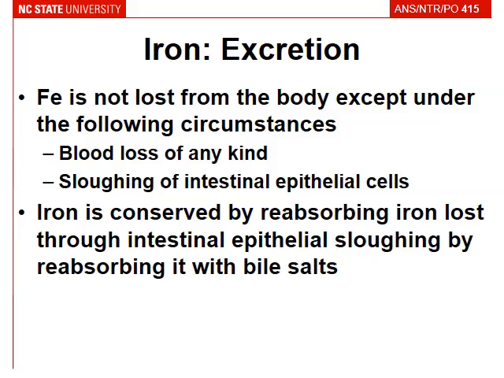In addition, we have the sloughing off of the intestinal cells that are storing the iron for us if we have adequate amounts within our liver. But we are able to recycle the iron from the sloughed off cells. Those sloughed off cells are going to be digested just as if they were food, and so we're going to be able to reabsorb that later on in the intestine with the bile salts.